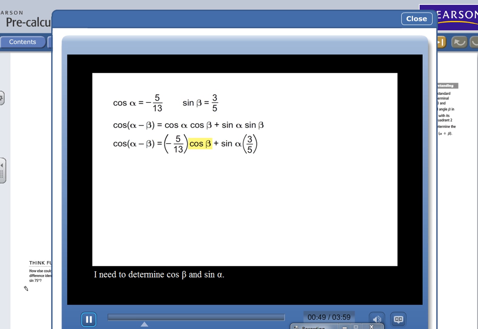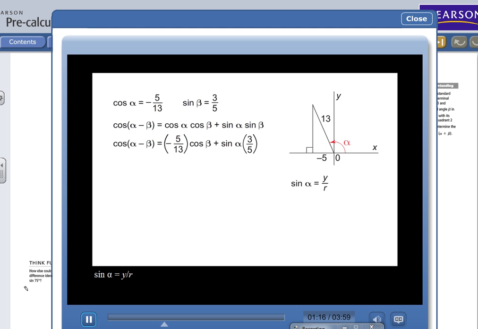I need to determine cosine beta and sine alpha. I know that the terminal arm of angle alpha lies in quadrant 2, so I can show that on a diagram. Cosine alpha equals negative 5 over 13. Since cosine alpha equals x over r, I can say that x is negative 5 and r is 13.